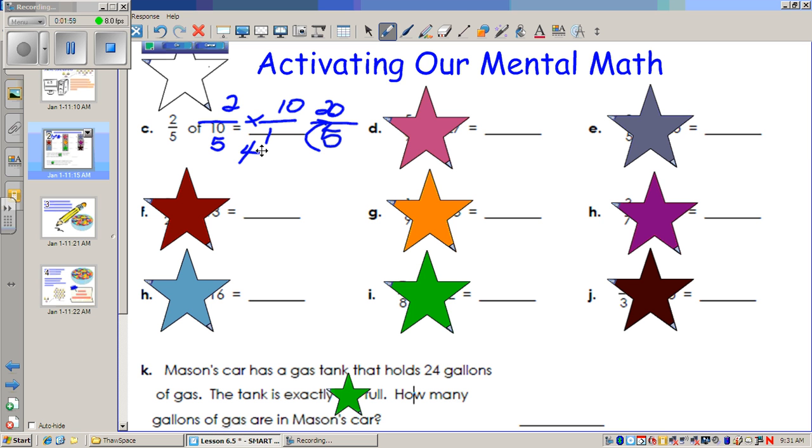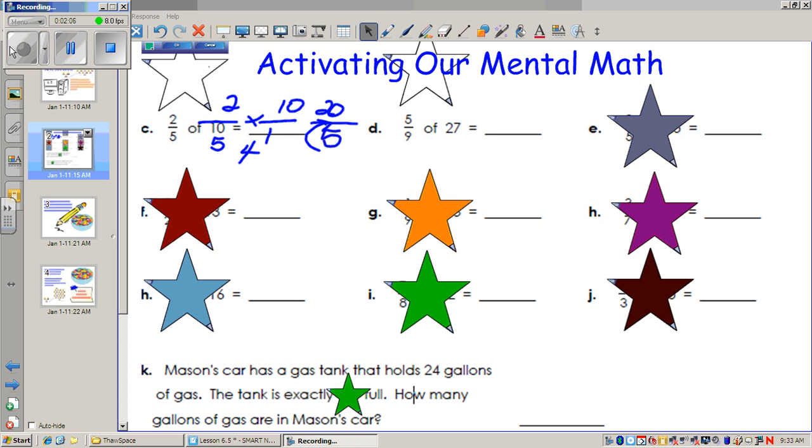Okay, let's try another one. The same thing we would do for the next question, and you can write these on a separate sheet of paper if it's easier for you. I would do 5/9 of 27, and I'm going to put 27 over 1. I worked this out: 27 times 5 equals 135, so I have 135 over 9.